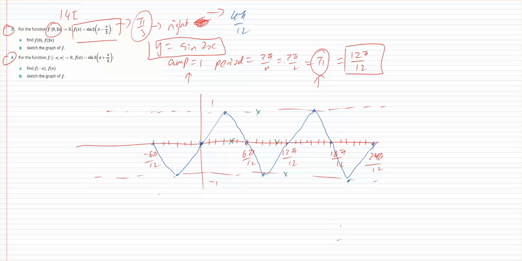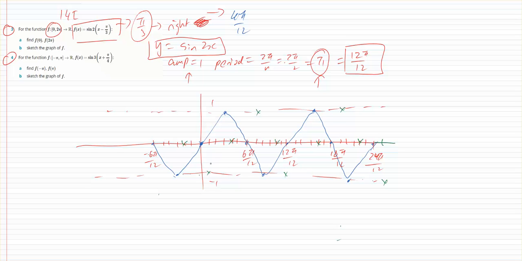Each point shifts by 4 again. We'll create another point here. And if I go back to the negative region, 1, 2, 3, 4 here, and 1, 2, 3, 4 here.